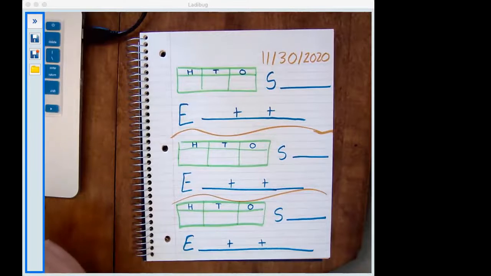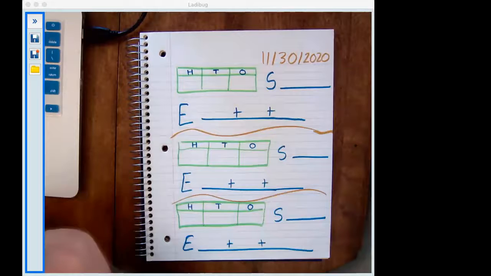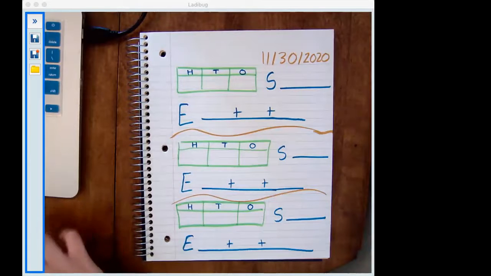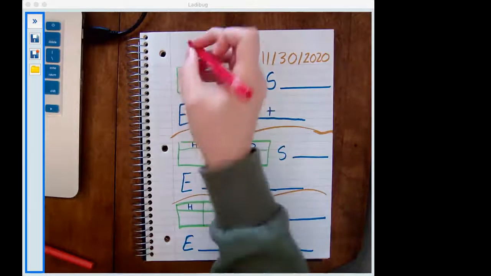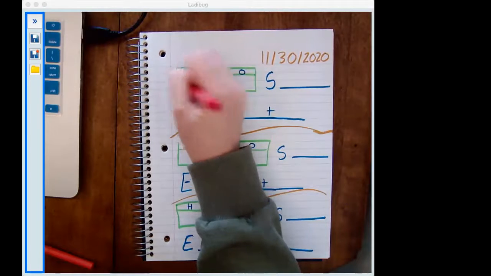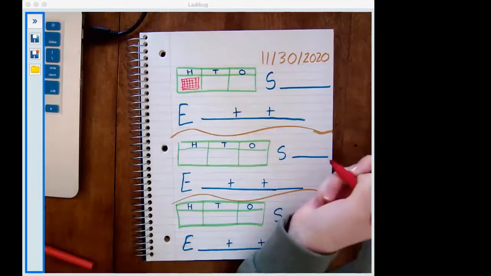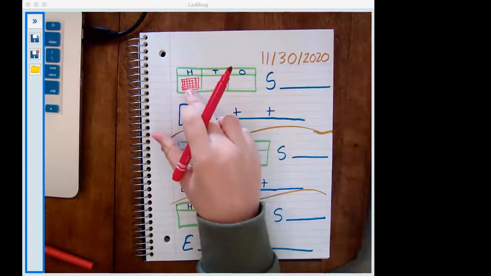Okay, so for our first number, let's do 123. So I put a hundreds block here in the hundreds place because that is 100.